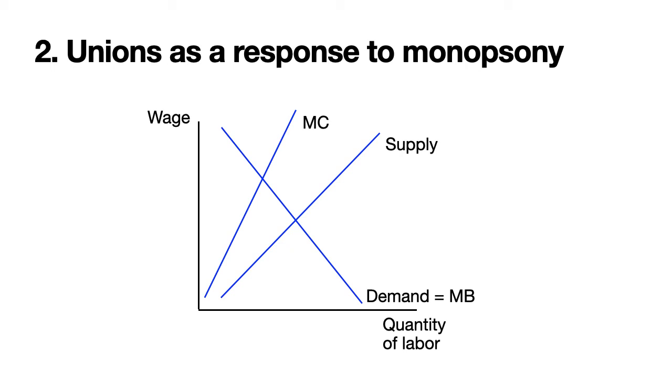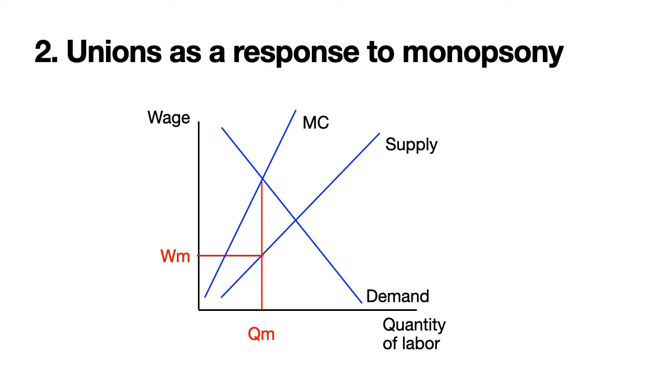And we can use that to find our quantity, as shown here. So we look at the intersection of marginal cost and demand. That will be our optimal quantity of labor if we are a monopsonist, and then we are going to pay the wage needed to attract that many workers, which is that monopsonist wage, and you can see it's substantially below what a competitive wage would be.